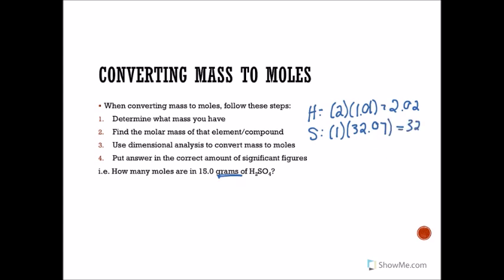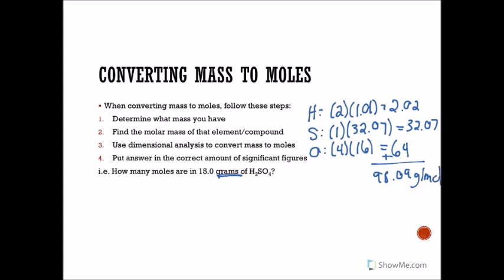And oxygen, there's 4 oxygens, 16, which is 64. And then we add all those up. 64 plus 32.07 plus 2.02 is 98.09 grams per mole.